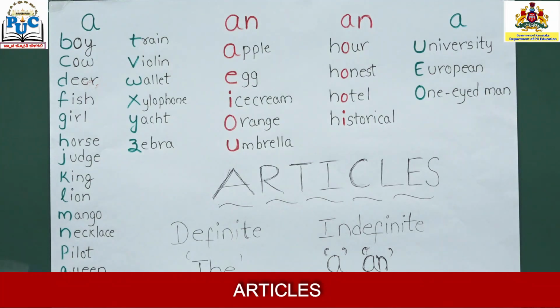Let's see. Boy, cow, deer, fish, girl, horse, judge, king, lion, mango, necklace, pilot, queen, rose, train, violin, valet, xylophone, yacht, zebra.